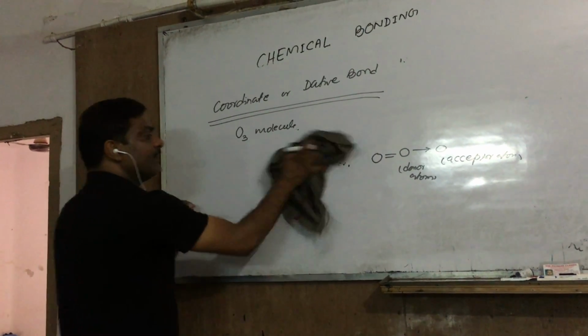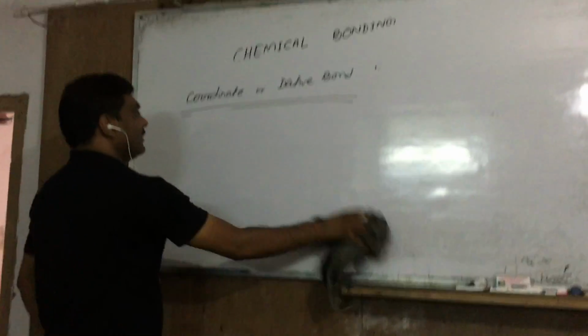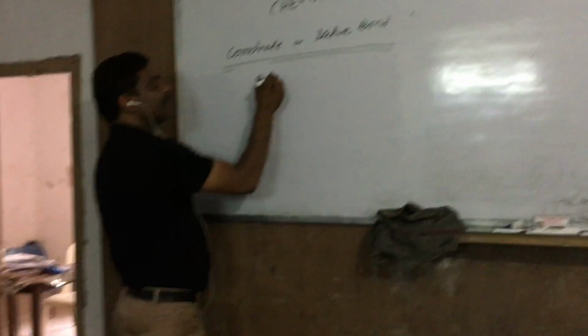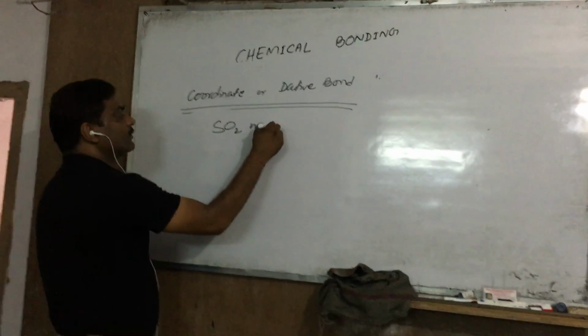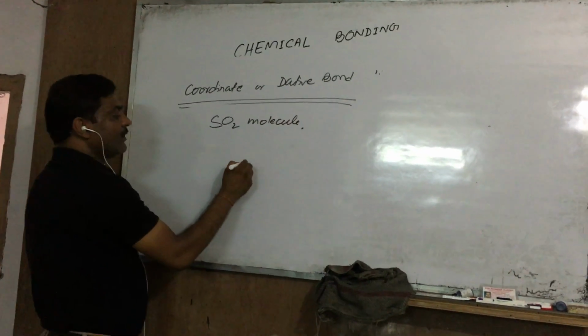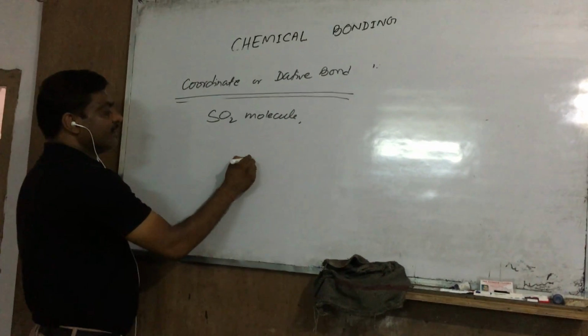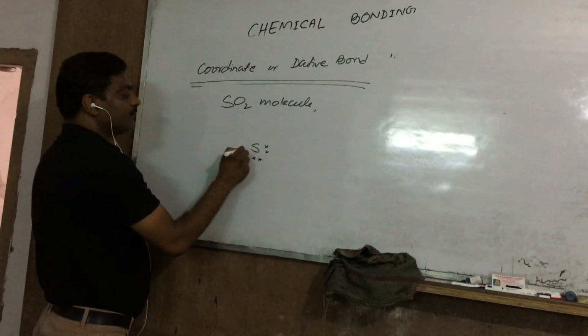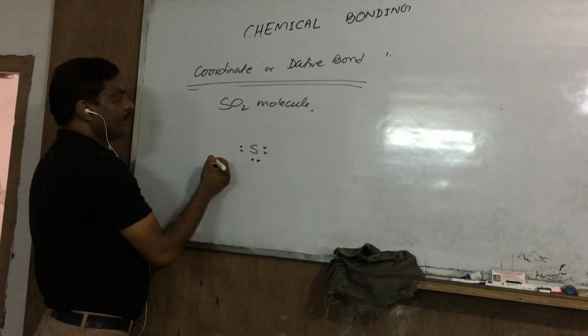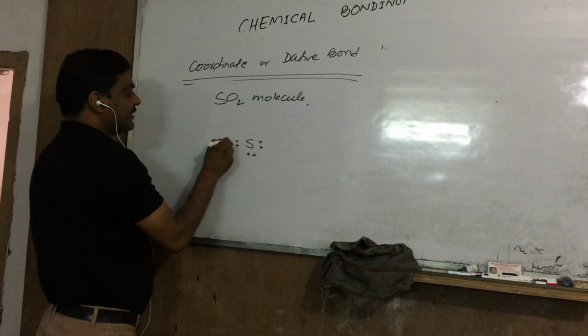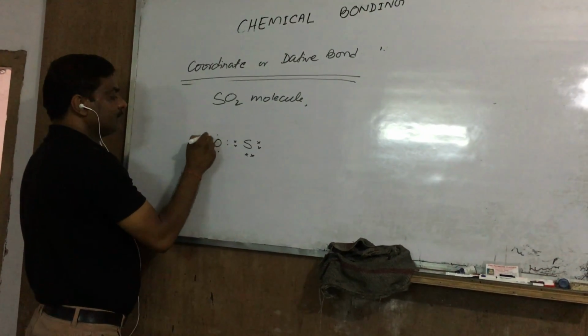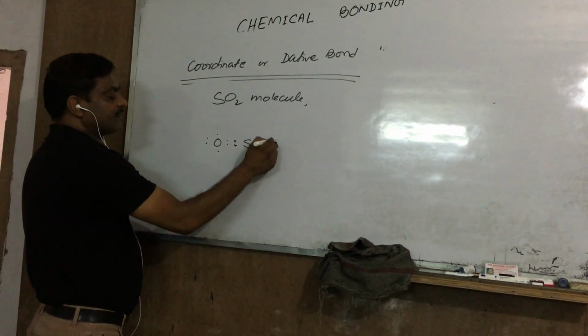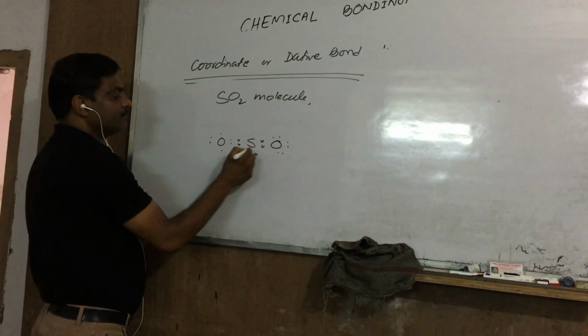See the second example: the sulfur dioxide molecule, SO2. Sulfur has 6 electrons in its outermost orbit. Oxygen has 6 electrons in its outermost orbit.